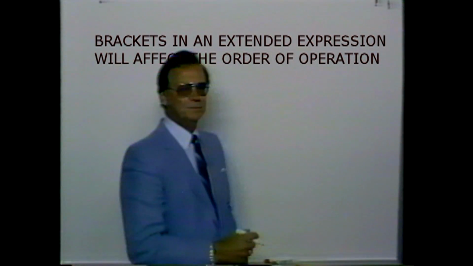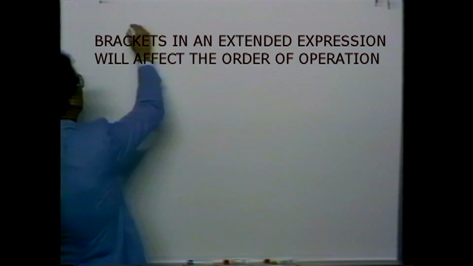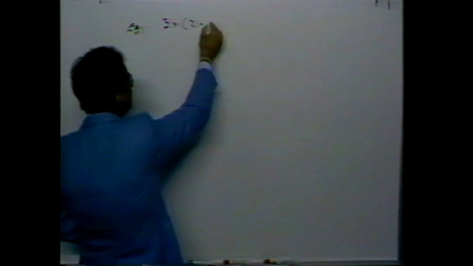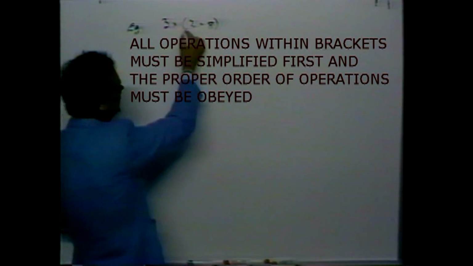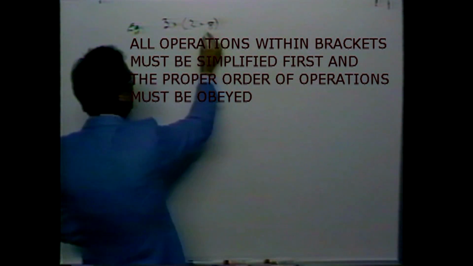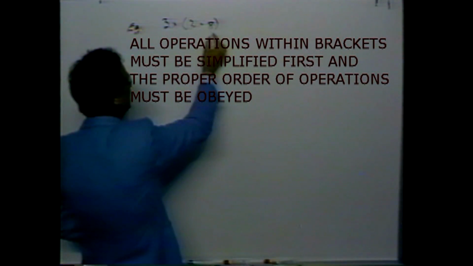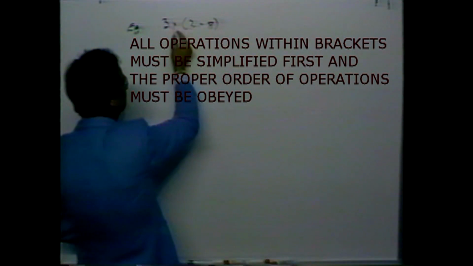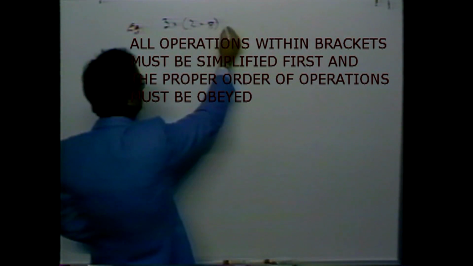For example, if we have 3 multiplied by 2 minus 8, the operation within the brackets, even though it involves only subtraction, which, if you recall, has the lowest priority of all the operations available, because the expression is in brackets, it must be simplified before the multiplication is applied.